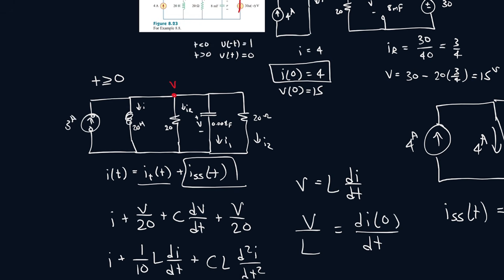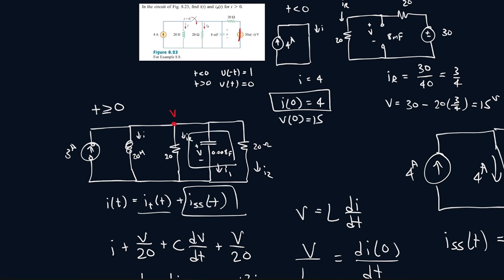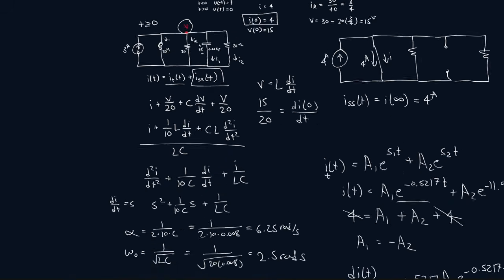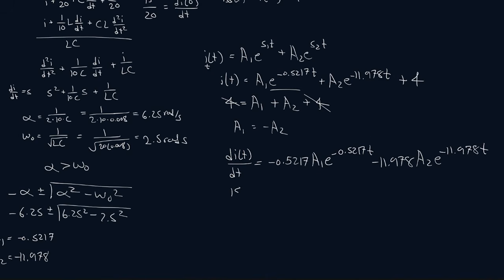And we actually do know the voltage here, because recall the voltage at the capacitor can't change instantaneously. So the voltage at the capacitor was 15, and that's the voltage here, and that's also going to be the voltage here. So it's going to be 15 over the inductance, which is 20. So this will be 15 over 20 when t is equal to 0. This is minus 0.5217 A1 minus 11.978 A2.